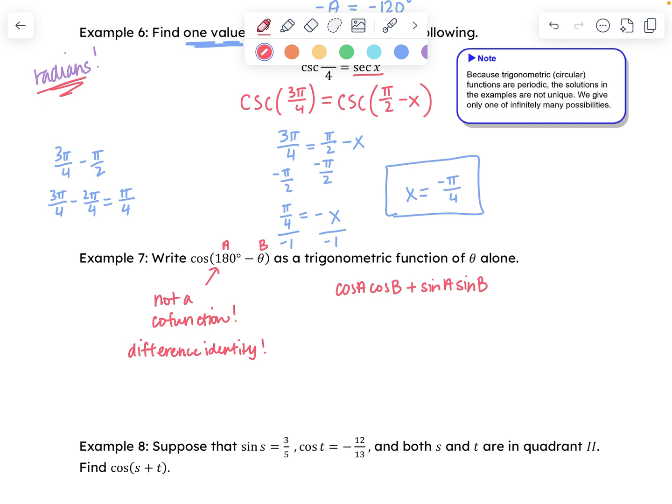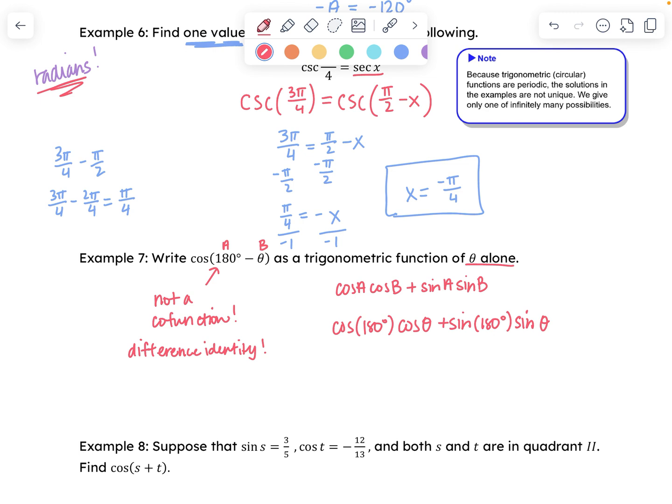So B is still going to be an unknown there, because we are trying to write it as a trig function of theta alone. So we're still going to have theta in our answer here. We're not going to get down to only numbers. So I'm going to do the cosine of 180 degrees, the cosine of theta, plus the sine of 180 degrees, sine of theta.